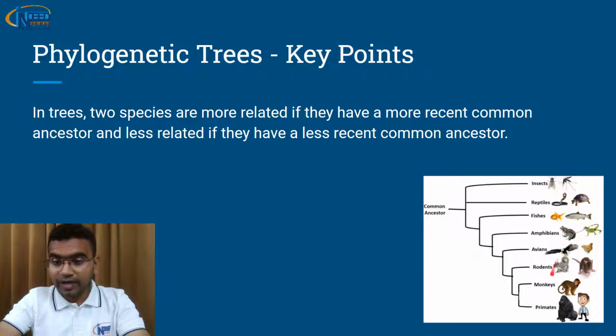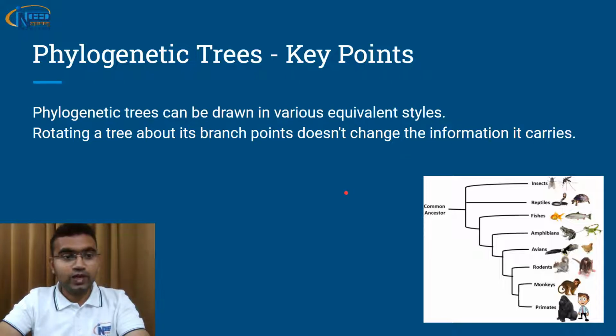Rodents and primates do not have a recent common ancestor; rather, at this particular level they have a common ancestor. So how the species are related depends on the more recent common ancestor.